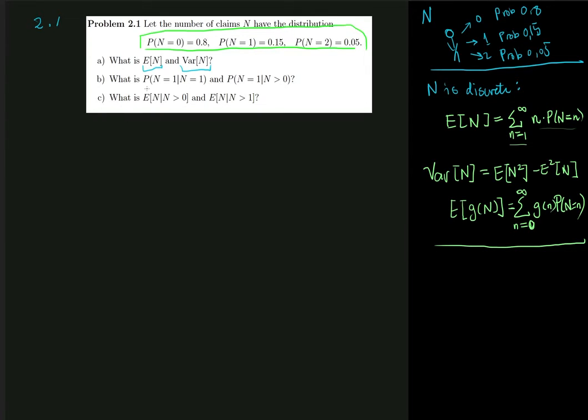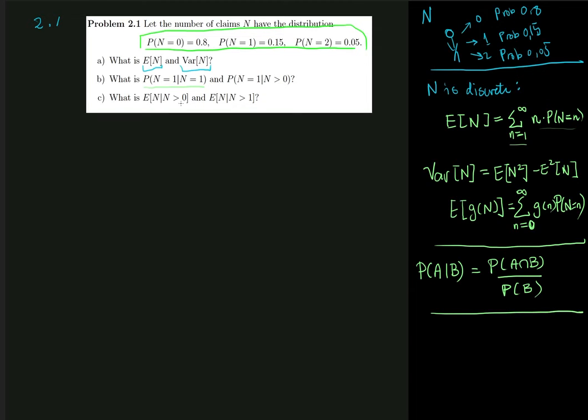We are also asked to find the probability that n is equal to something given that n belongs to some other set. So let's just recall conditional probability. The probability of an event A given the event B is equal to the probability of their joint event divided by the probability of the event we're conditioning on.